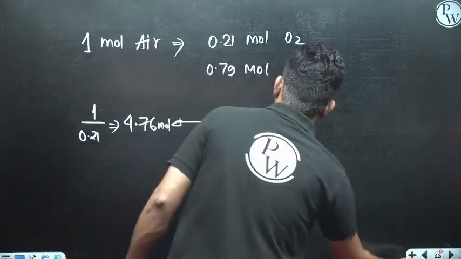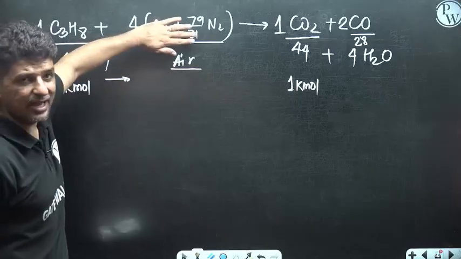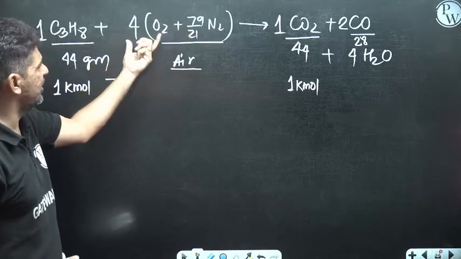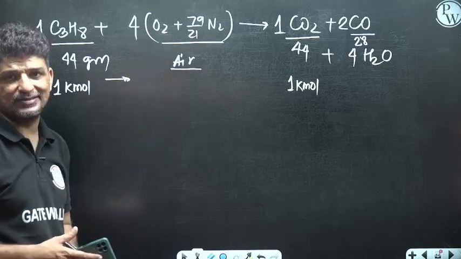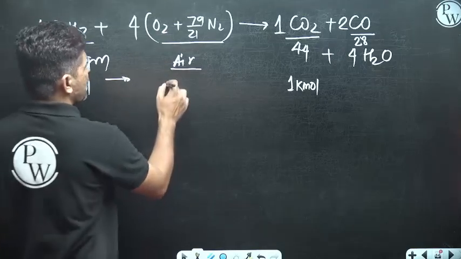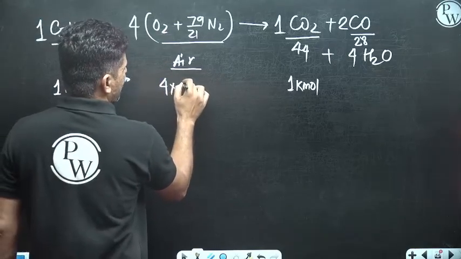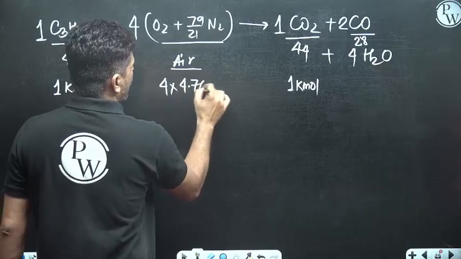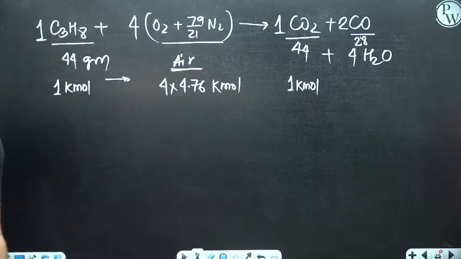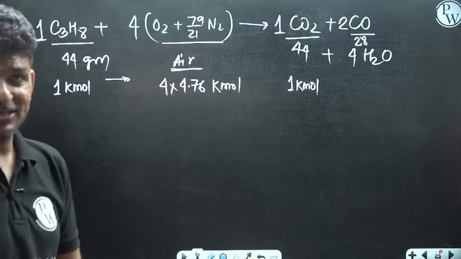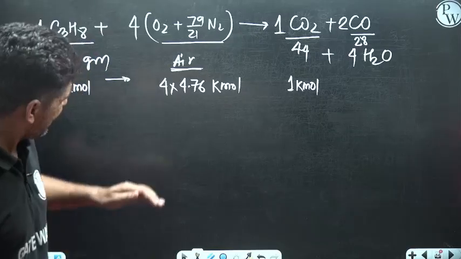So you have air here. The mole of air that is used is something in which you have 4 kilomoles of oxygen. So you have 4 kilomoles of oxygen, that means 4 multiplied by 4.76 kilomole of air. Is it clear?